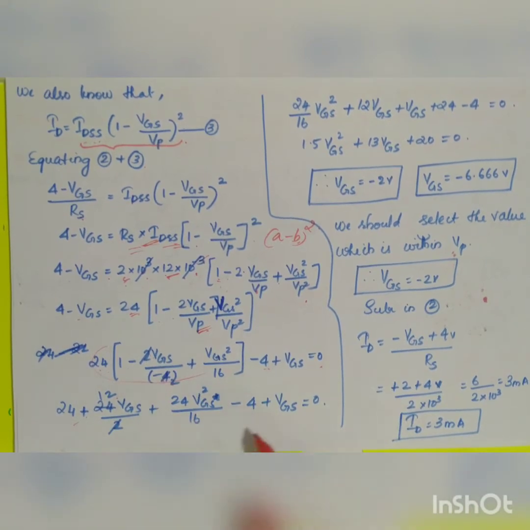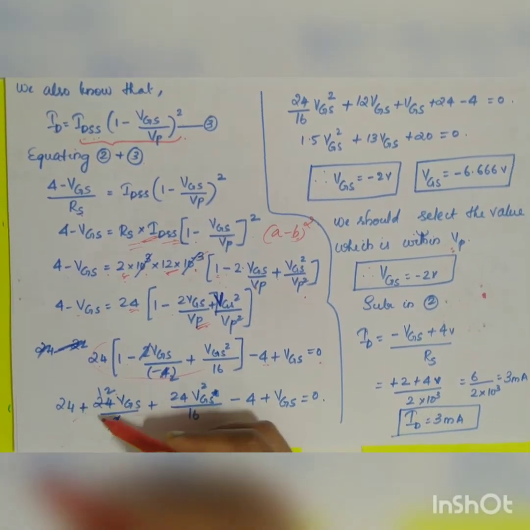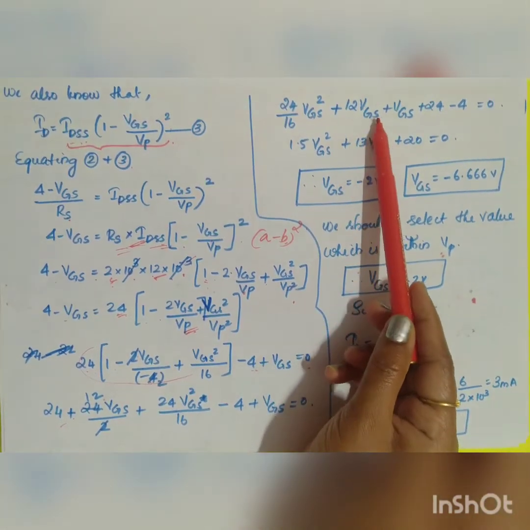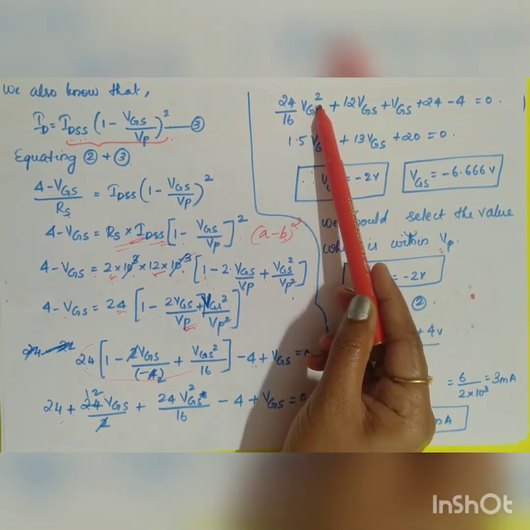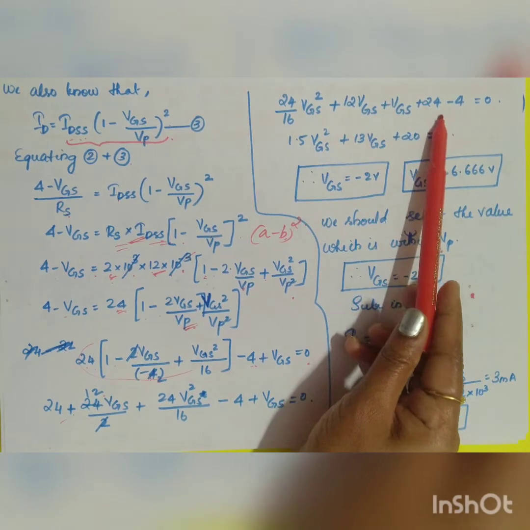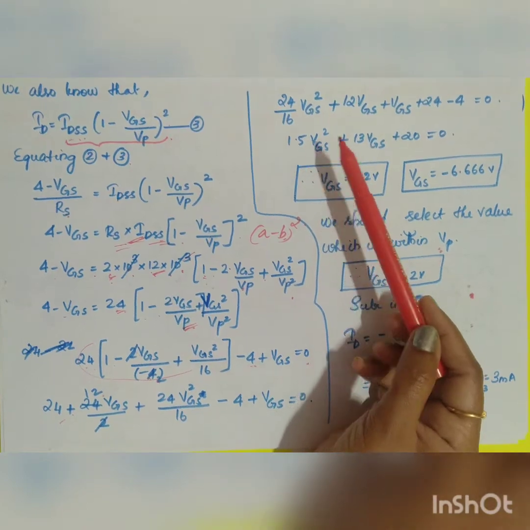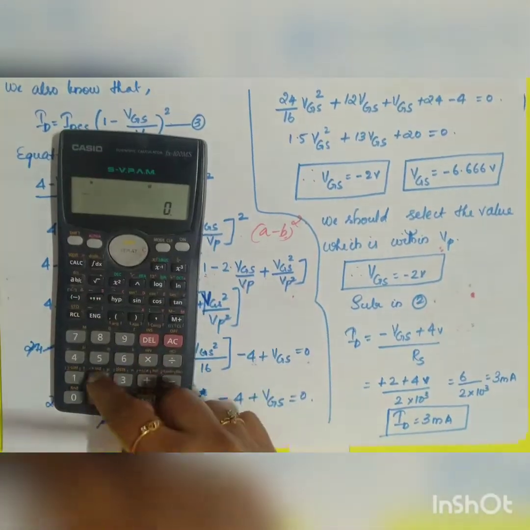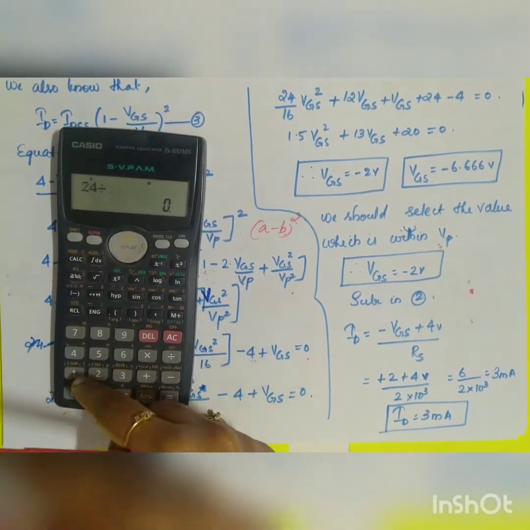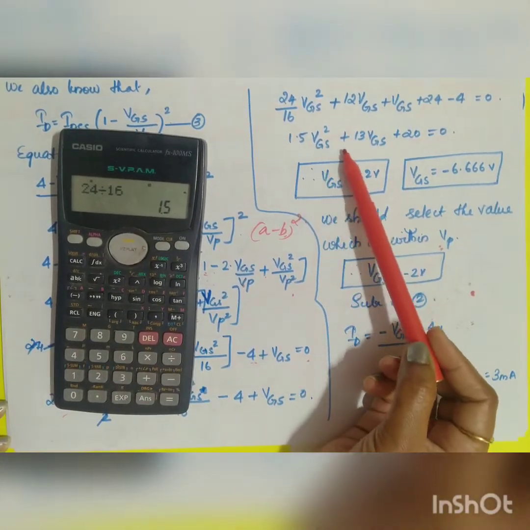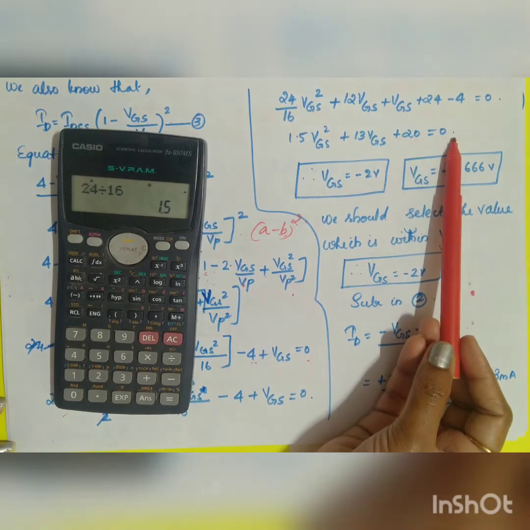And when you cross multiply it inside, this will be your equation. Just reconfigure it by means of a quadratic equation. So you will be getting here VGS square, VGS and your constant value, right? So 24 by 16, let me check once again. 24 divided by 16 is equal to 1.5. So 1.5 VGS square plus 13 VGS plus 20 is equal to 0.